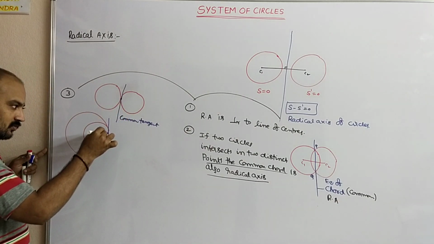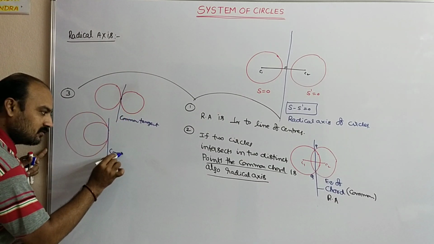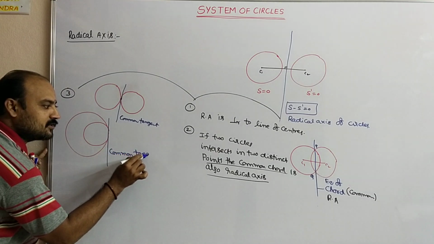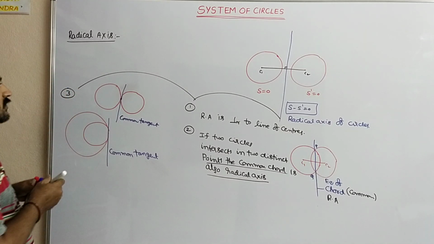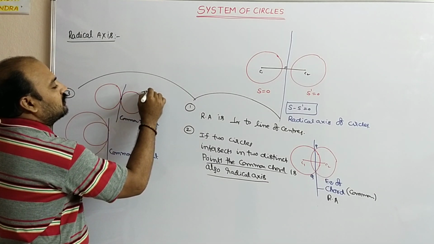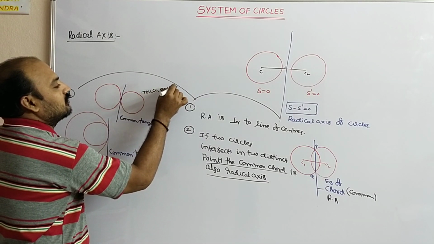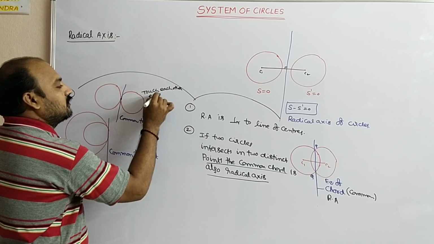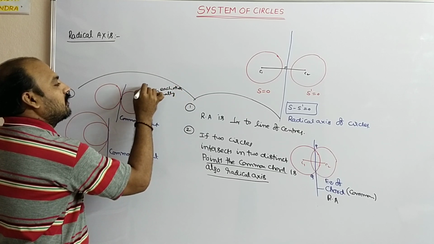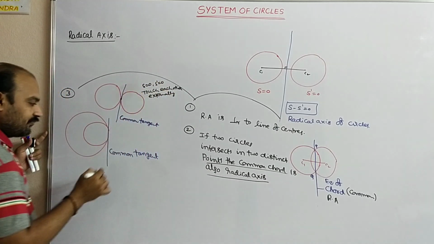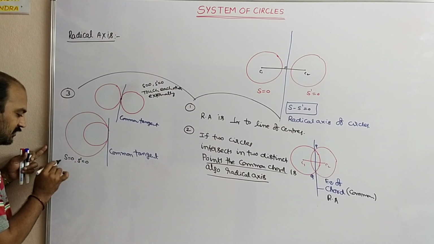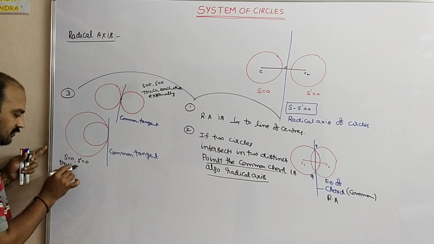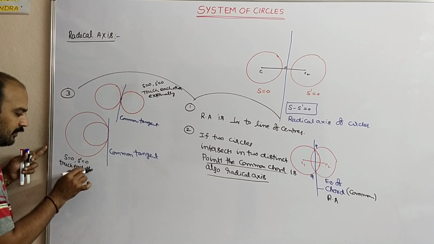Here S equal to 0, S dash equal to 0 touch each other externally, and here S equal to 0, S dash equal to 0 touch each other internally.